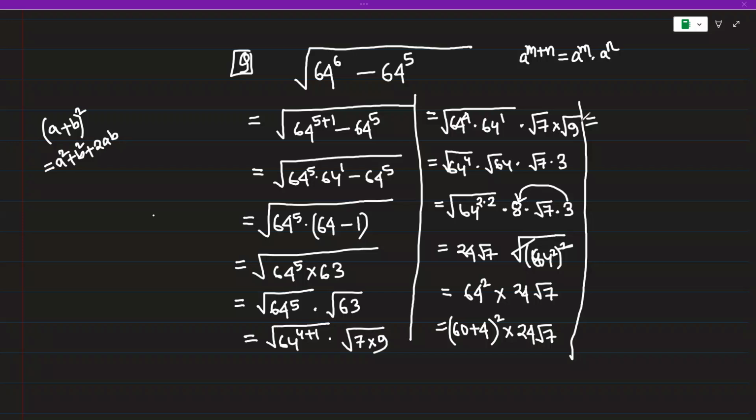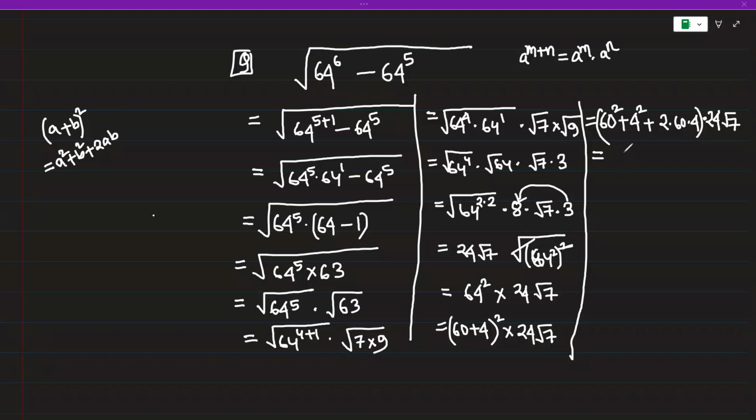That means (60 plus 4) squared is 60 squared plus 4 squared plus 2 times 60 times 4, times 24 root 7.